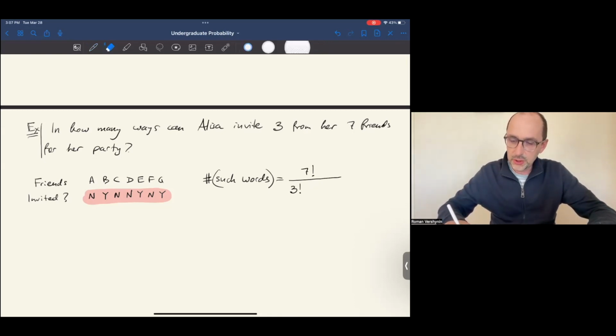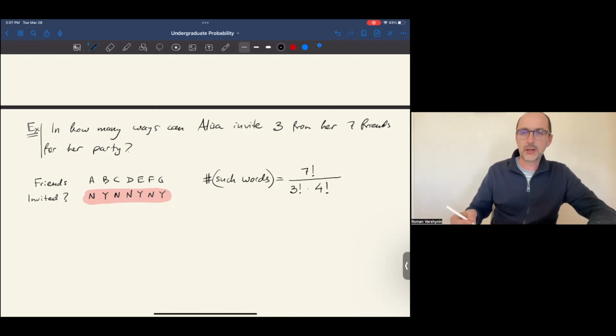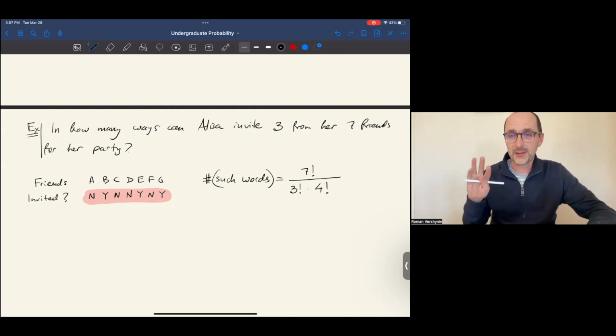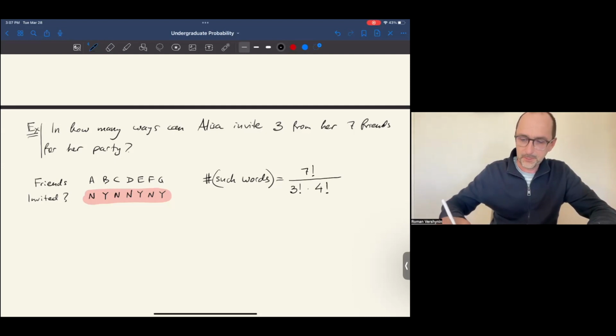And we should also ignore the order among the N's, and there are 4 factorial possible reorderings of the 4 letters N. Ignoring the order of Y's and N's leads us to the answer 35.